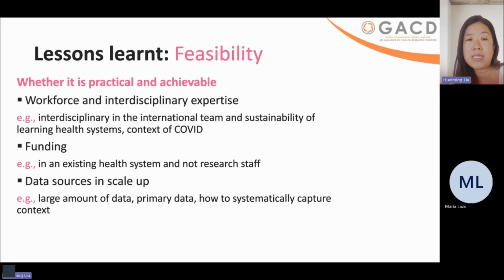However, it was stressed that, especially in the context of COVID, where it impacted the health workforce on the ground, infrastructure, and competing priorities, the workforce on the ground was often stretched and limited, and that had to be kept in mind in the process and economic evaluations.